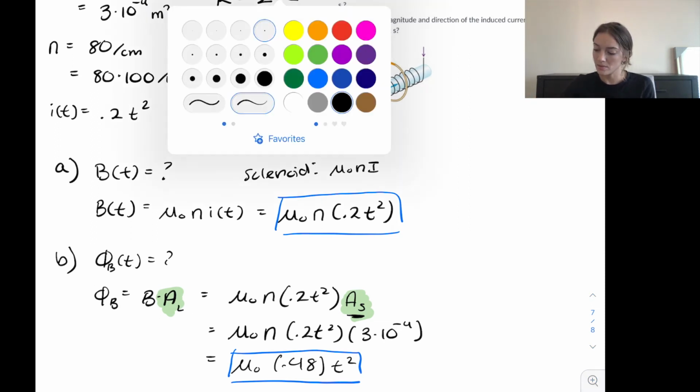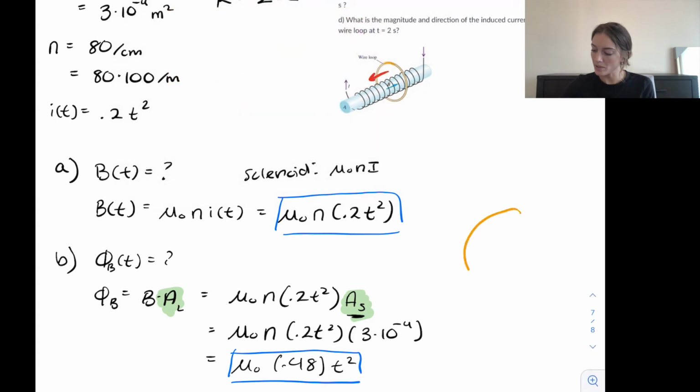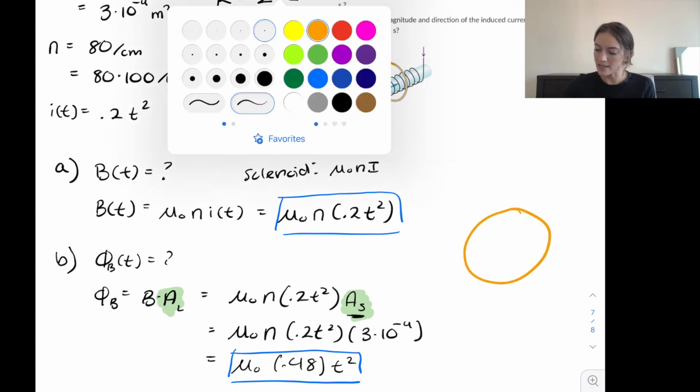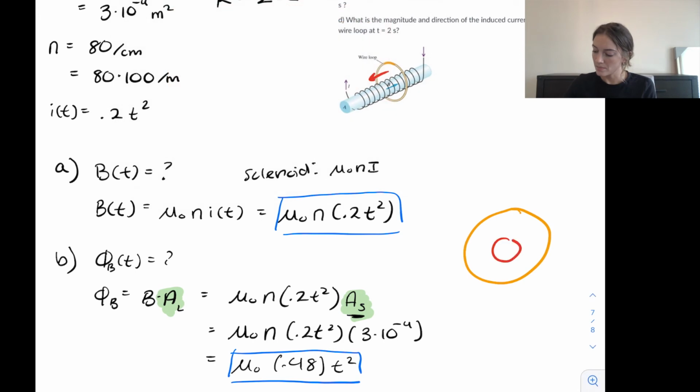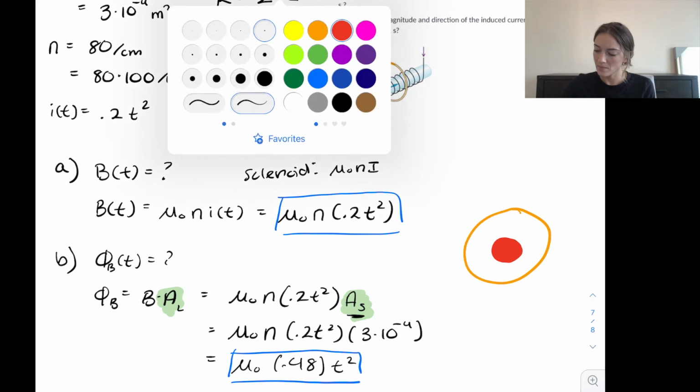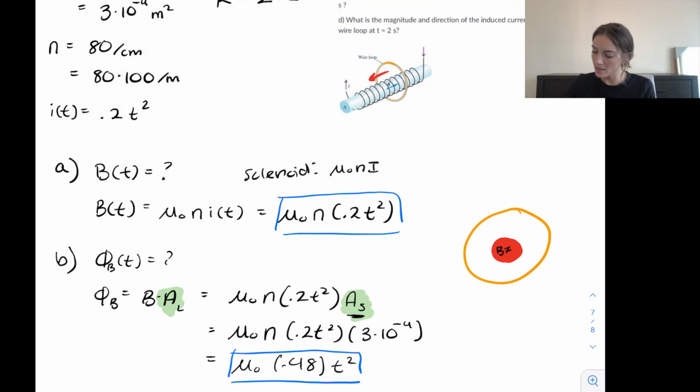So we have our wire loop here, if we're looking down on it, and then our magnetic field is only non-zero in here. So B is non-zero in here, and B is 0 here. When we do B dot A, even though the area in the formula refers to the entire area of that loop, since the magnetic field is 0 all through here, it ends up not contributing. It's just this inner portion here that has a non-zero magnetic field.